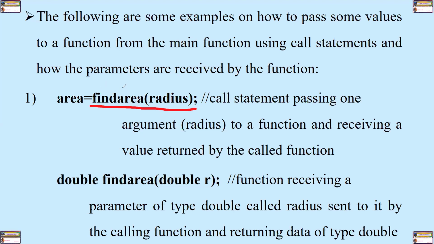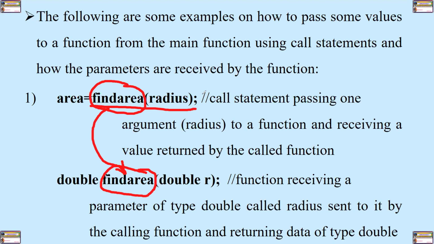It is invoking a function called find area. Which function is that? This one. You can see the name of the function in my calling statement is completely the same as the name of the function where we have the prototype.